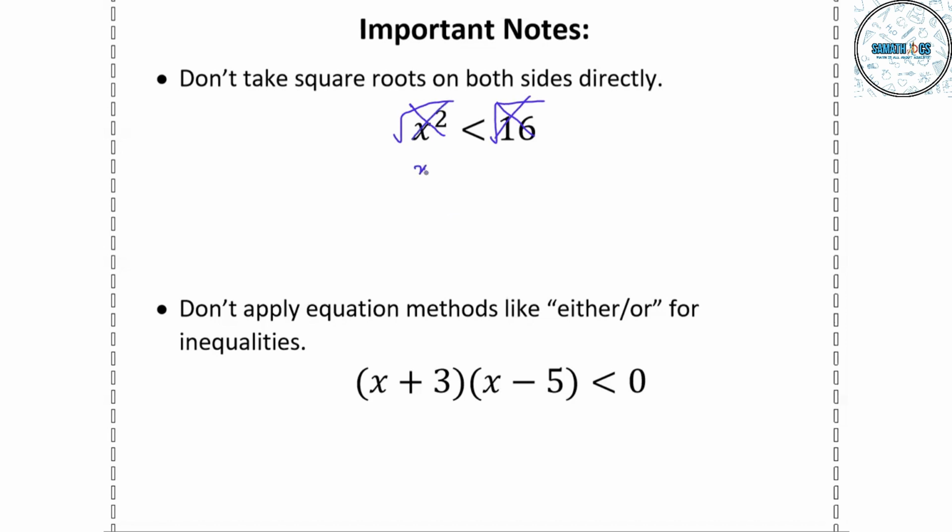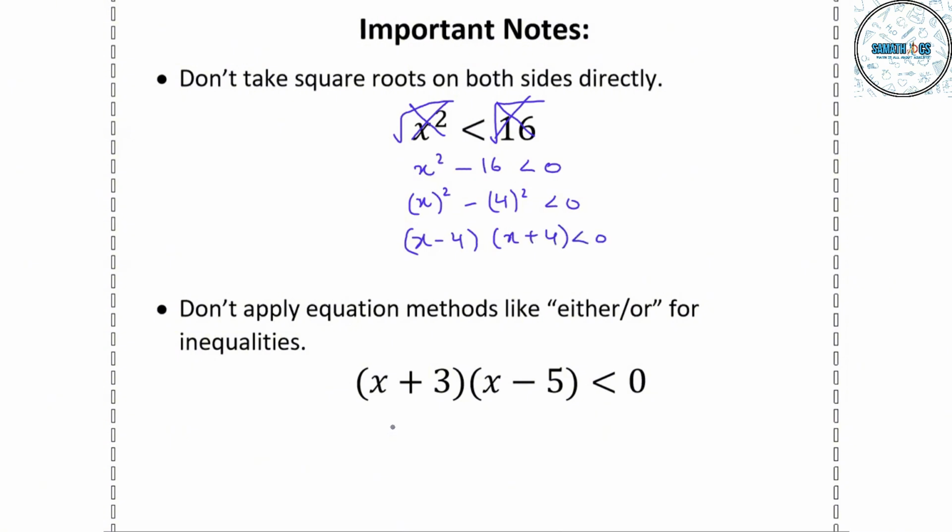Instead, we take 16 on this side, and then we apply the identity to factorize it. We have here x squared minus 4 squared less than 0. Then we can write (x minus 4)(x plus 4) less than 0.